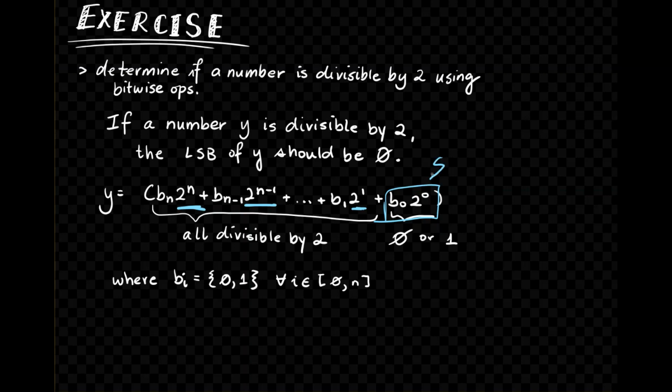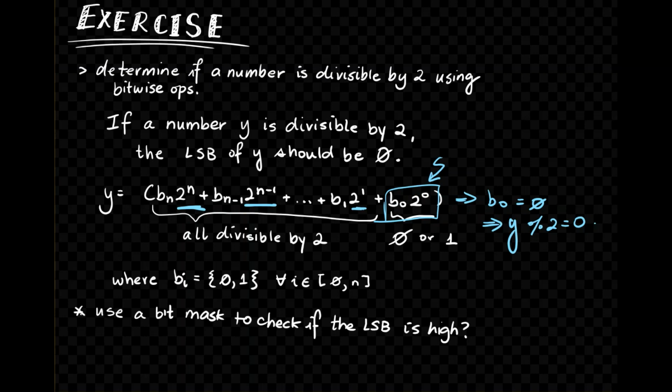The only factor that affects our divisibility by 2 is b0. So we only need to enforce that b0 equals 0 for y to be divisible by 2. Done. So you can then use a bit mask to check if the least significant bit is high.